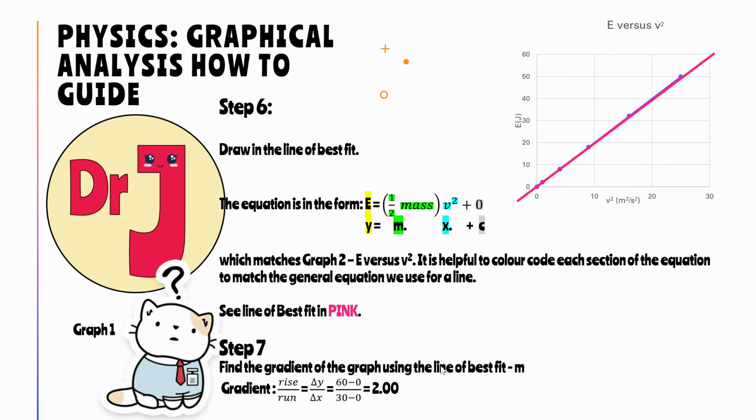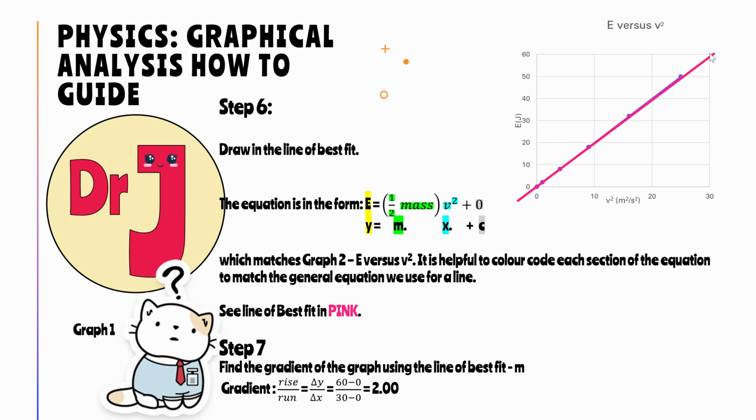Okay, next you find the gradient of the line of best fit. Really important here. You actually use the points associated with the line of best fit rather than the data point. So in this case, I'm going to use this point here, 60 on the y-axis and 30 on the x-axis. So I've got y over x, so 60 over 30, and then I'm going to use the origin, so I've got 0 and 0.